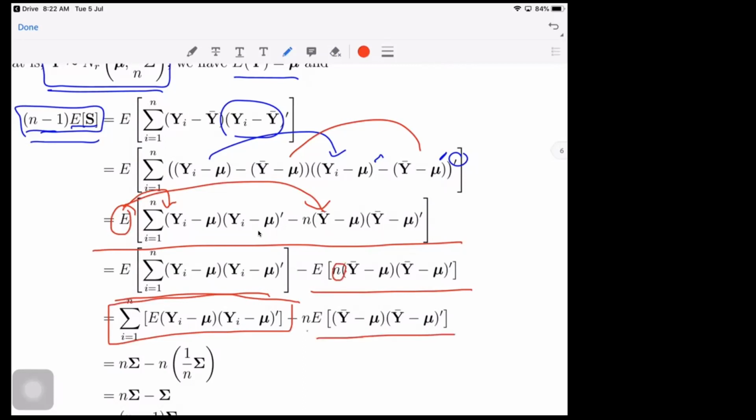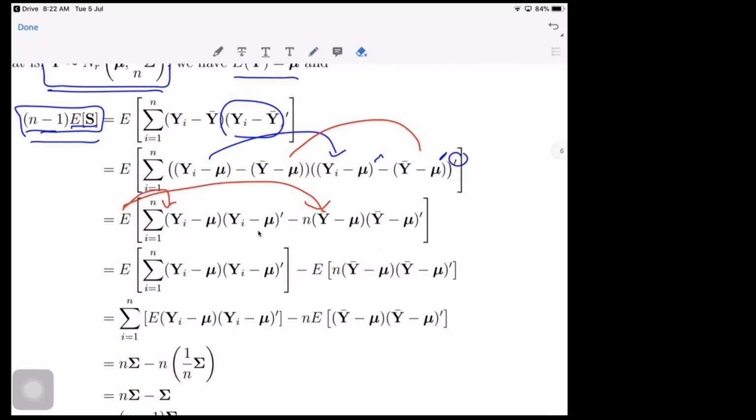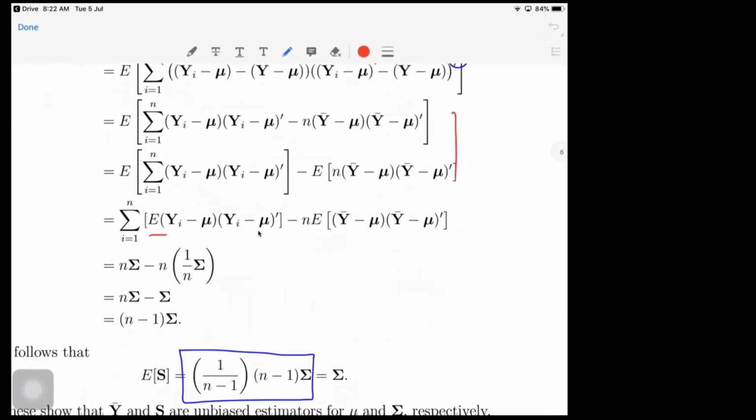If you scrutinize these terms here, this is actually the covariance matrix of yi. And then this is a constant with respect to summation, so you will have n there.